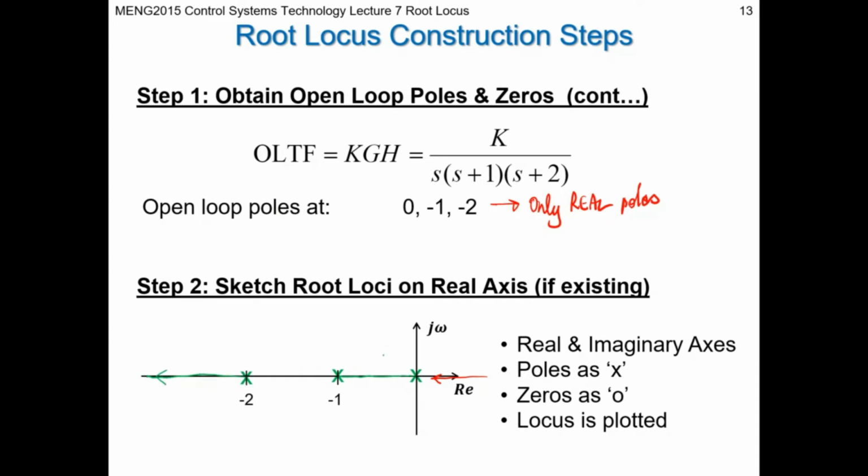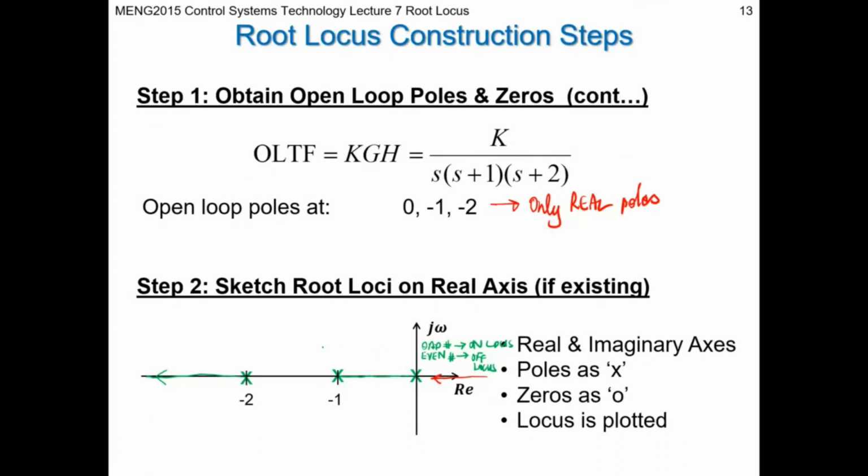If I imagine I'm standing on the real axis and looking this way, if I see an odd number of poles or zeros on the real axis, I'm standing on the locus. If I'm seeing an even number, then I'm off the locus.